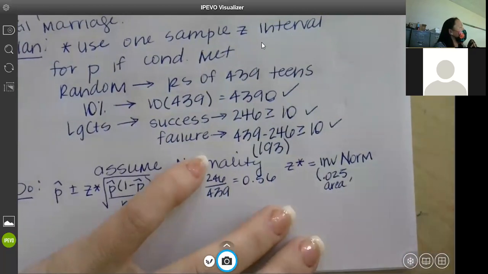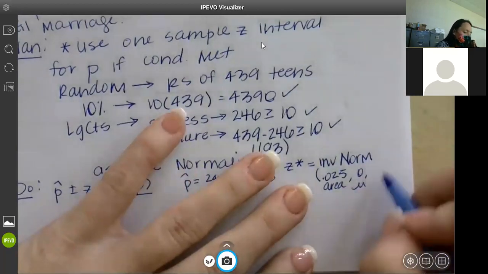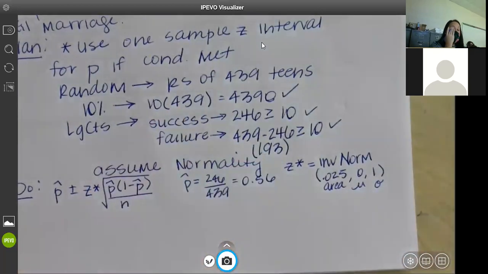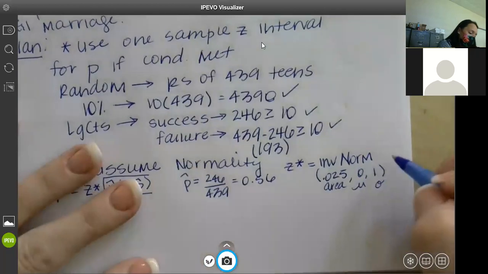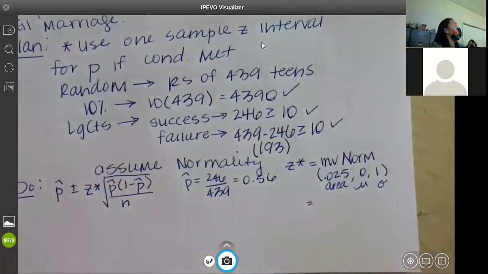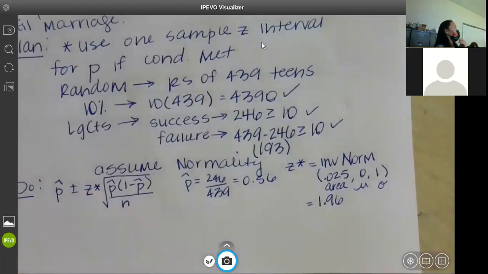And then because we're doing Z's, we standardized, which means our mean is 0 and our standard deviation is 1. Again, you don't have to look this up. Memorize this one because this is the one that usually they use. What is your Z star? You guys remember? For 95%, I said it's always going to be that. It'll be worth it to just go ahead and memorize that. I think 95 and 99 are the ones that would be good. I think it's 2.54. So I don't know. We did it a minute ago, yesterday.